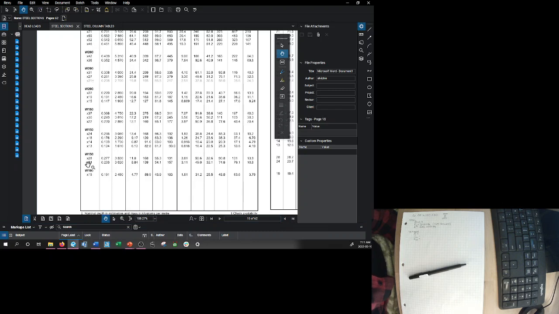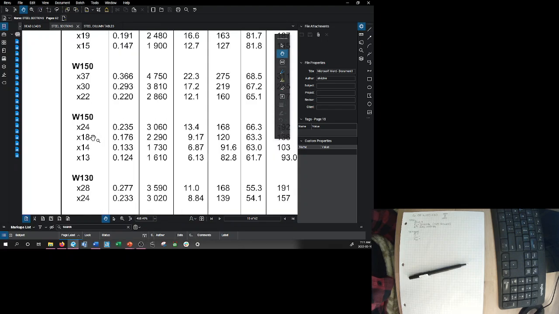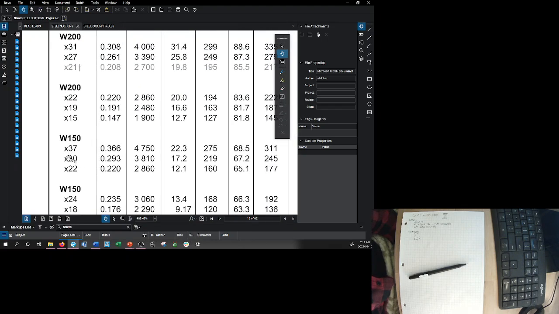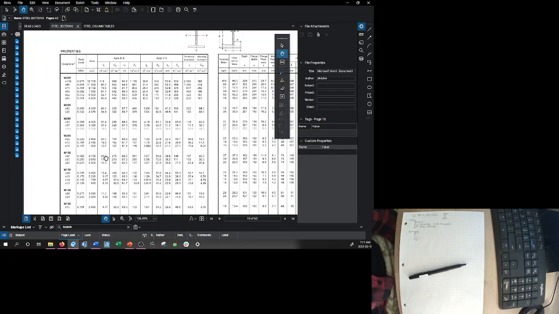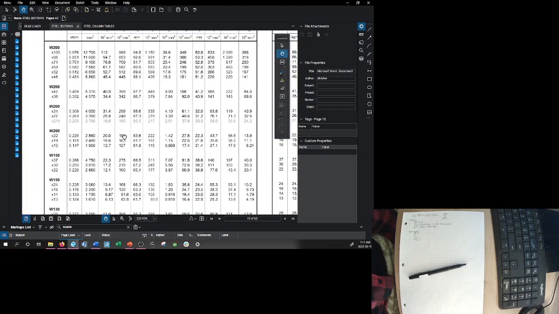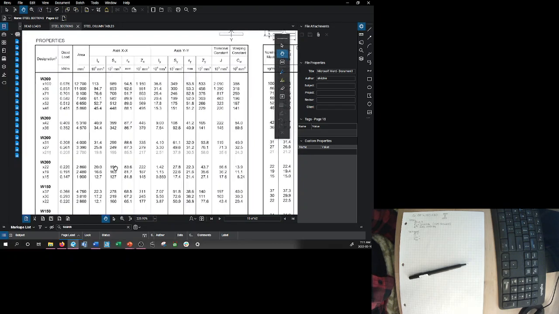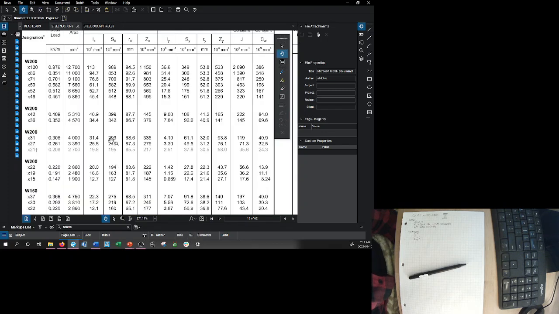All right, W150 by 30. Here we are. Here's the member we want to look at. W150 by 30, we need area. So our area is 3,810.